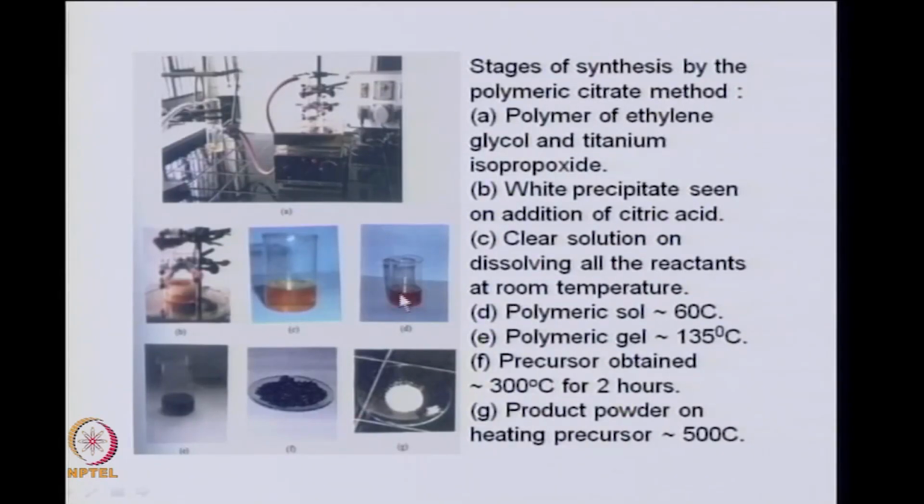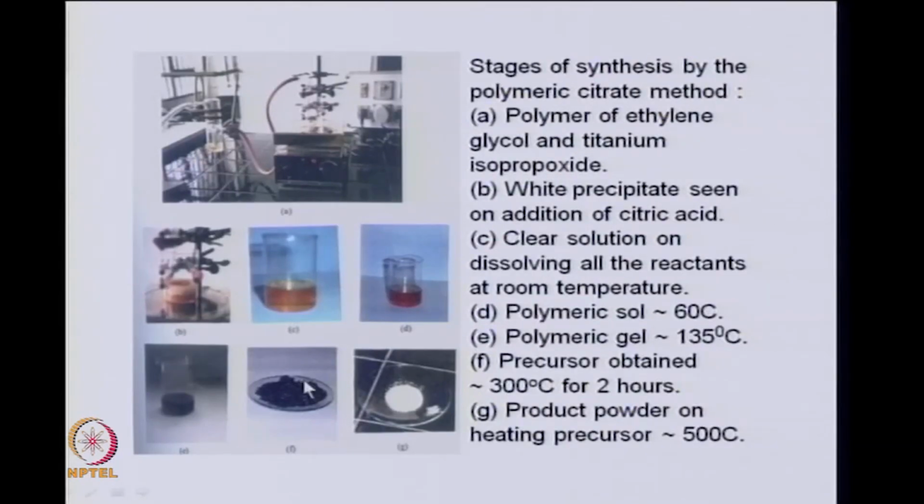Then you allow it to cool and settle down, and slowly this will become more viscous because of condensation between citric acid and ethylene glycol, and this will become darker and then black, that is the gel has formed.